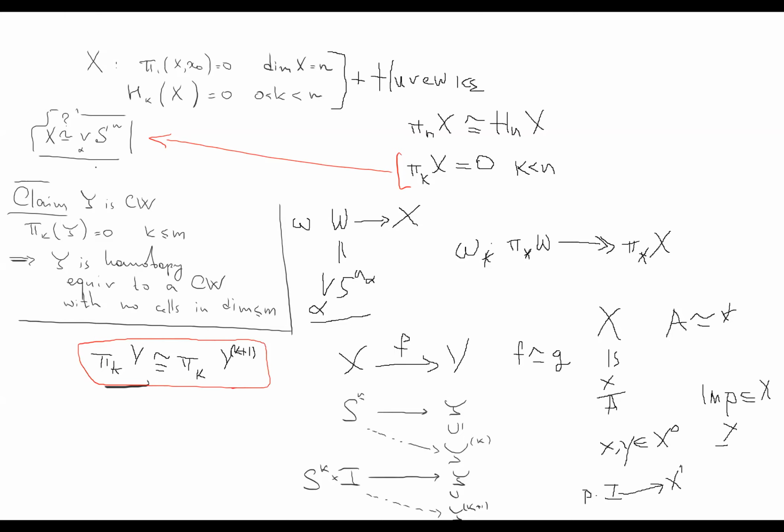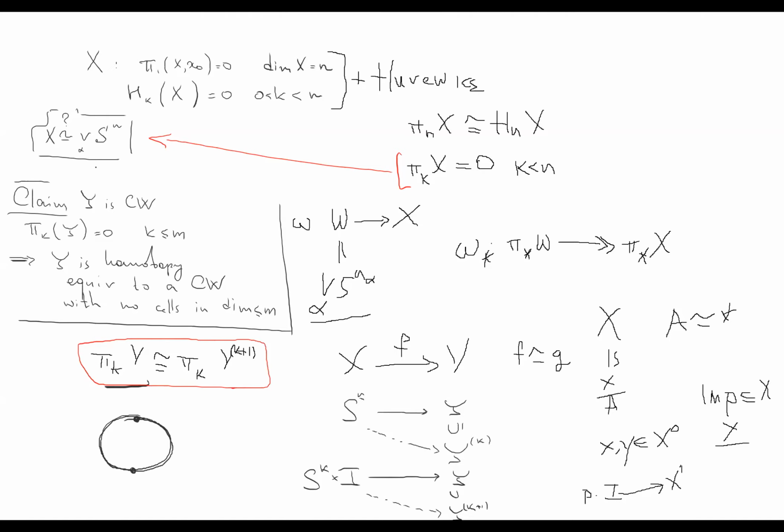Well, I guess it is not true. Suppose X is a circle. If you take any path, it won't work. Suppose I have a circle with the following CW structure: two vertices and two edges.